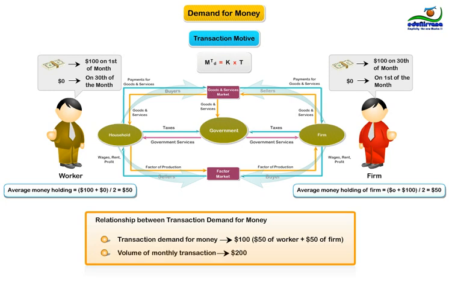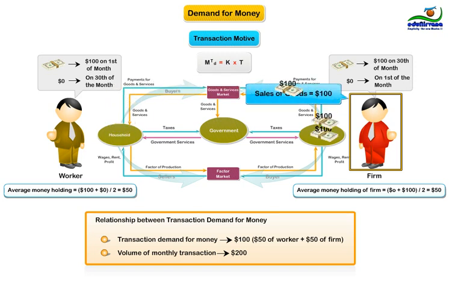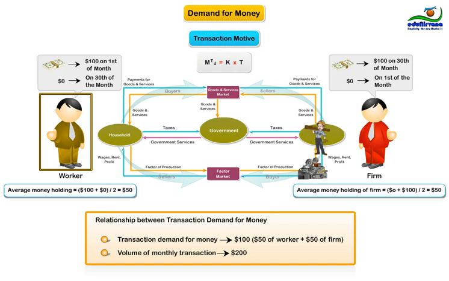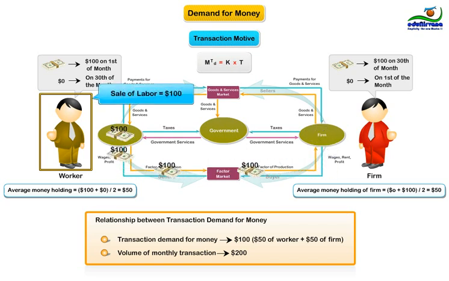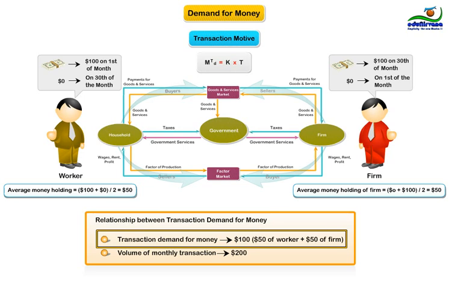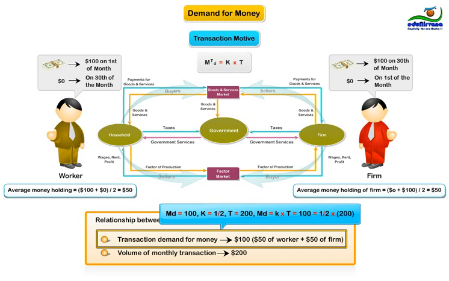Total volume of monthly transactions in the economy is $200, as the firm has sold its goods and services worth $100 in goods and services market, and the worker has sold his services worth $100 in factor market. Hence, the transaction demand for money is a fraction. Here, 50% of the total volume of transactions over a unit period of time.